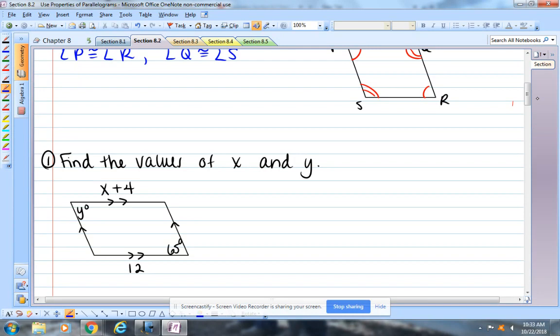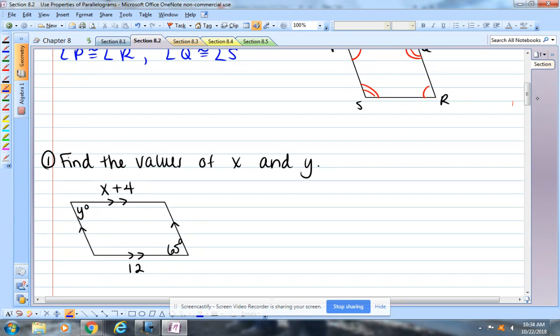No, it's just a regular quadrilateral. Unless it shows you with those arrows that the opposite sides are parallel, you cannot assume it's a parallelogram. But if it does show you that, then you know it is a parallelogram, so you can use the parallelogram properties.